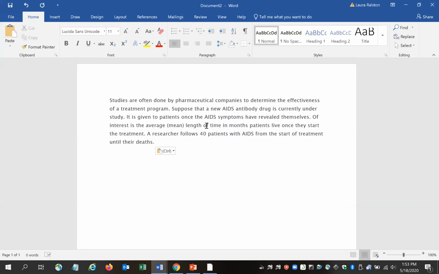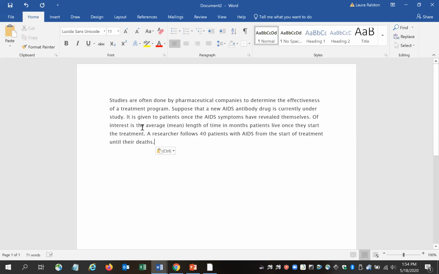Okay, so this is the first scenario. It says studies are often done by pharmaceutical companies to determine the effectiveness of a treatment program. Suppose that a new AIDS antibody drug is currently under study. It is given to patients once the AIDS symptoms have revealed themselves.